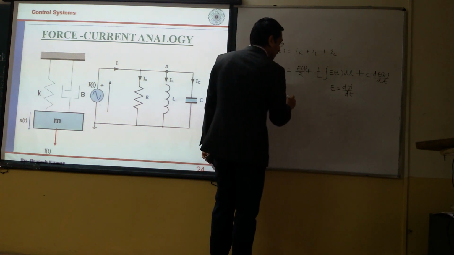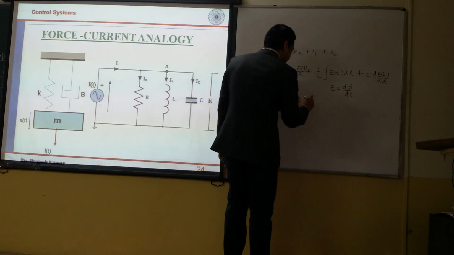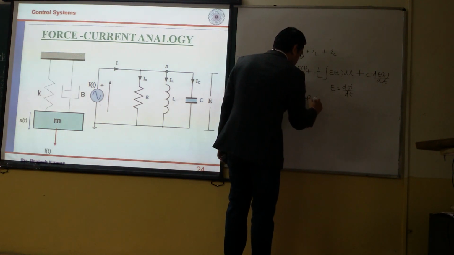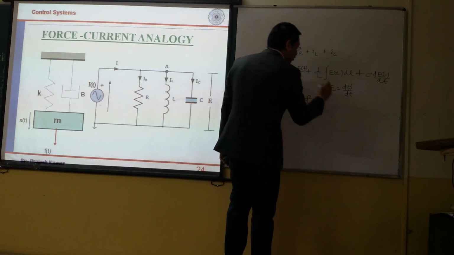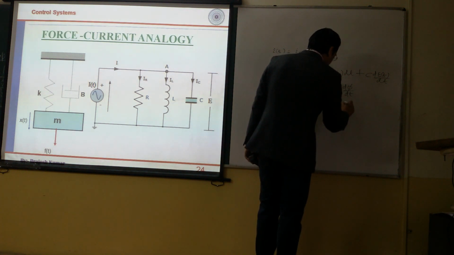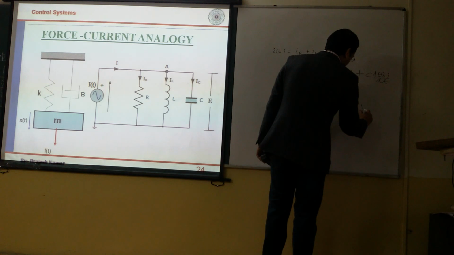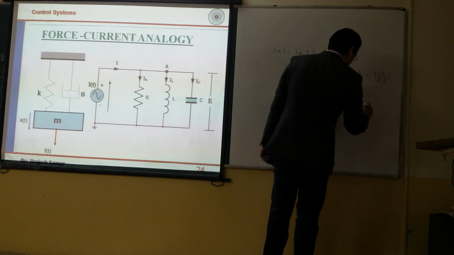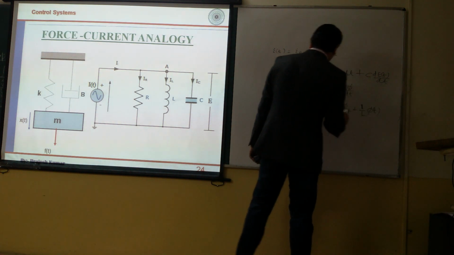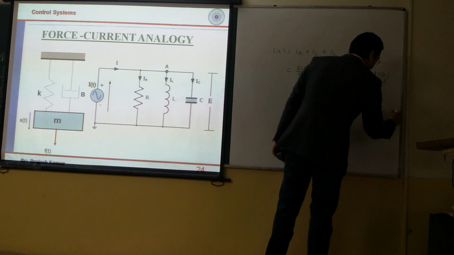After putting this value, what will you get? I am going to rearrange it. C d2 phi upon dt square plus 1 upon R d phi by dt plus 1 upon L phi(t) will be equal to I(t).